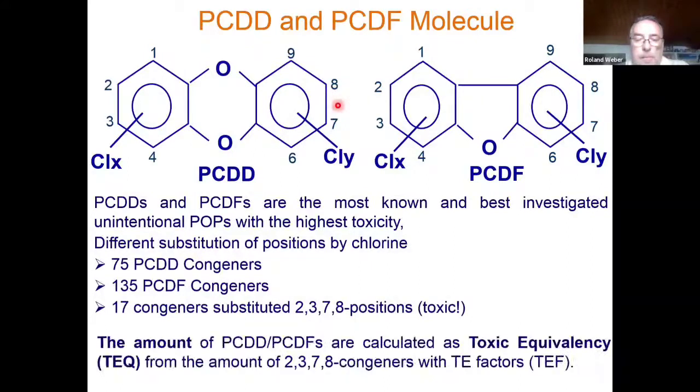So when we look at data and make an inventory, we always talk about toxic equivalency, TEQs. And this means only the 17 dioxin-like toxicity. The concentration of these congeners multiplied by toxic equivalency factors is finally the gram or kilogram of dioxin released in a country.